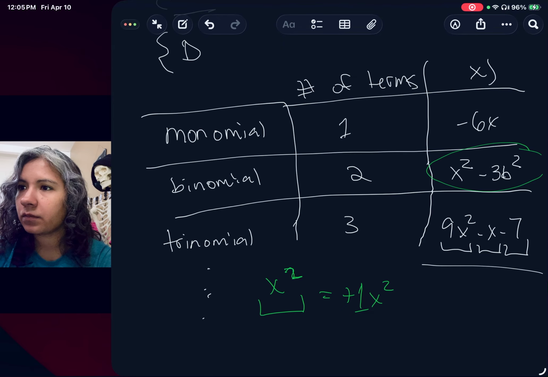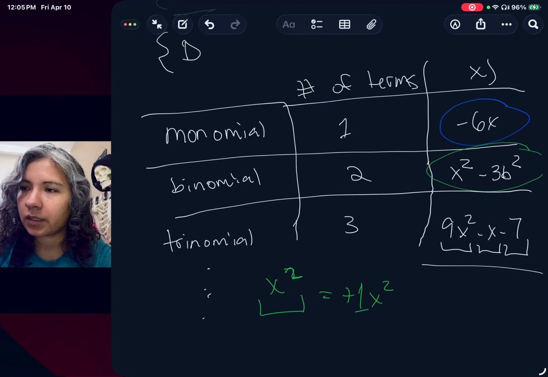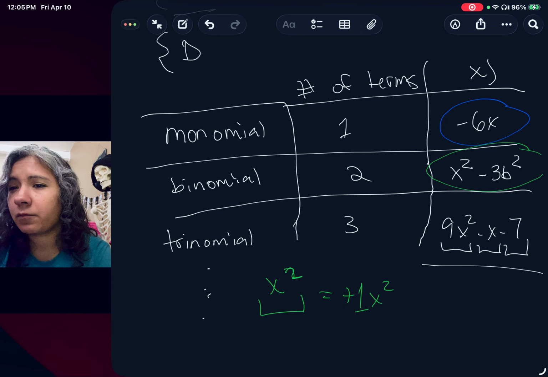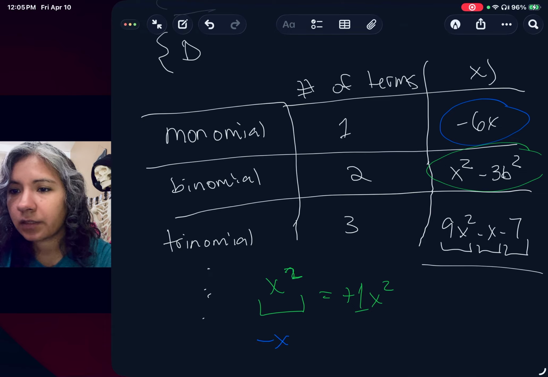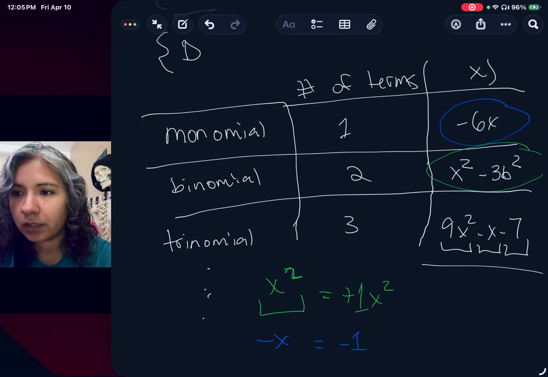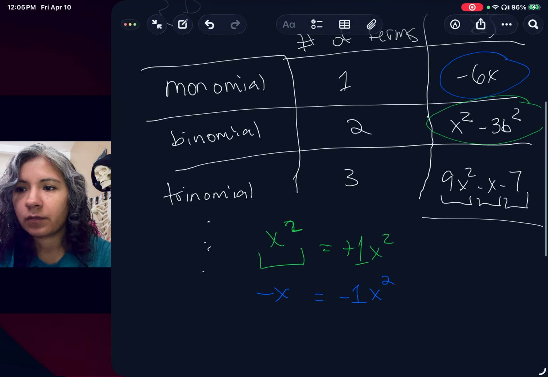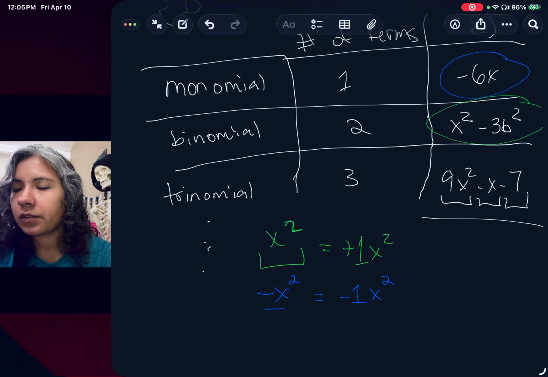So for this one right here, it's negative. If it was just negative x squared, we would still have our super secret ninja 1. It would be negative 1 x squared, because negative 1 times x squared would just give us that negative x squared.